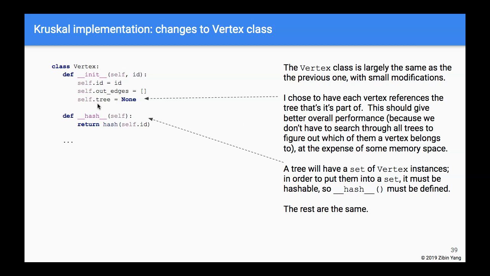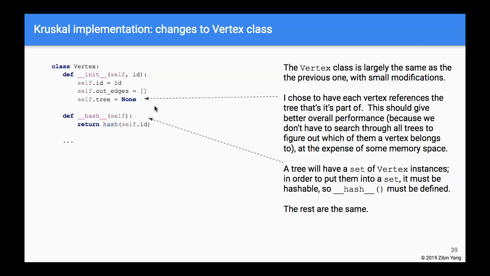One is I added an attribute tree to each of the vertices. Remember, given an edge, we have to look at the two vertices that an edge connects and see if they're in the same tree. So we have to figure out for each vertex which tree it belongs to. There are multiple ways to do it.